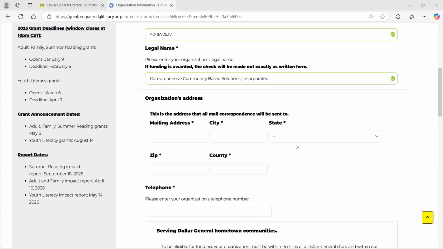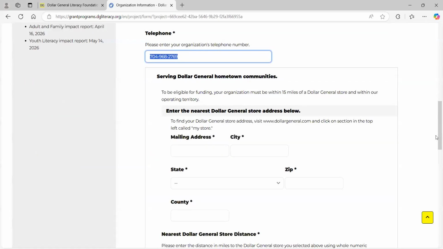Okay. I have entered the information. I paused my screen because I didn't want to share my mailing address. So I paused my screen, and now it says to enter the nearest Dollar General store address below.